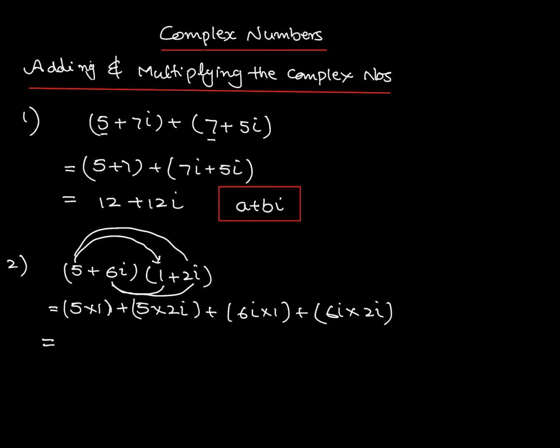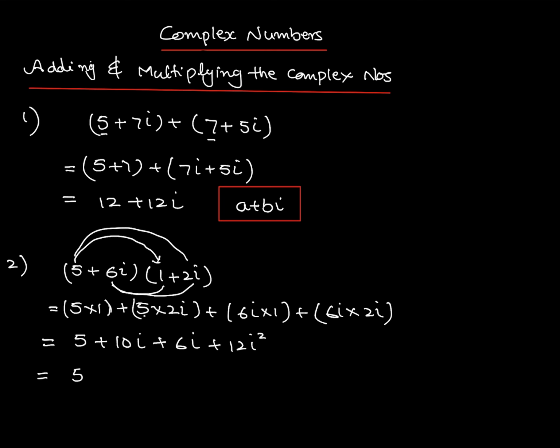This is equal to 5 plus 10i plus 6i plus 12i square.